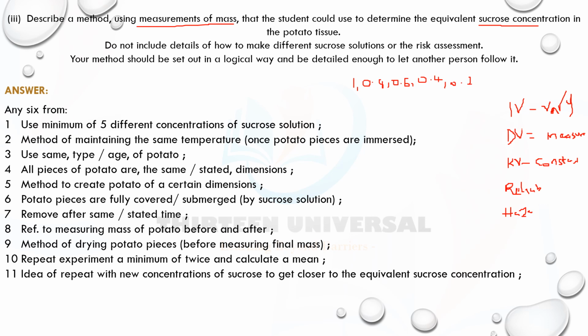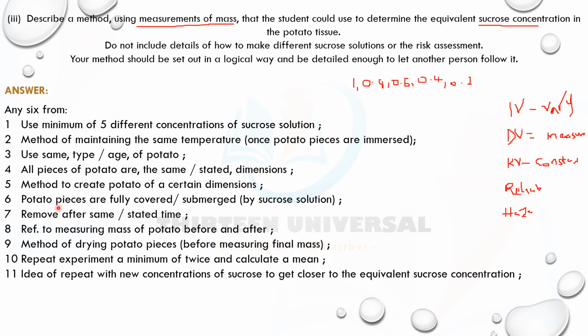Now the second point there says method of measuring, because you have to state the method. So, method of maintaining temperature: same temperature, use a thermostatically controlled water bath. Use the same type and age of potato. All pieces of potato are the same, state the dimension. Method to create potato of a certain dimension: use a ruler and scalpel.